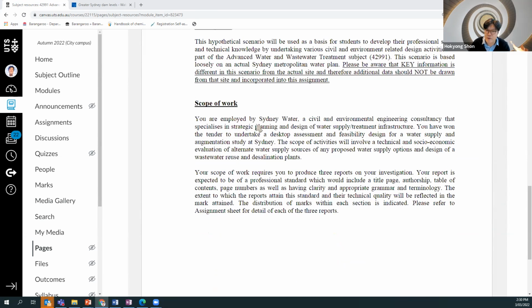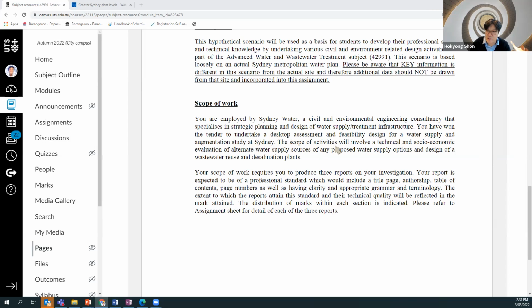So you are employed by Sydney Water, a civil and environmental engineering consultancy that specializes in strategic planning and design of water supply treatment infrastructure. So you have won the tender to undertake a desktop assessment and feasibility design for a water supply and augmentation study at Sydney.